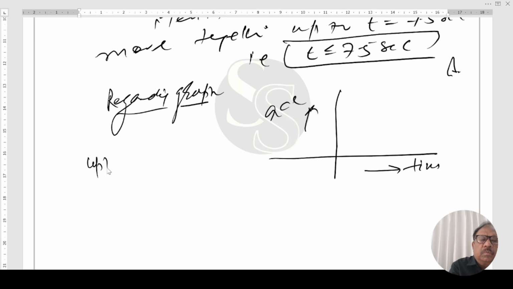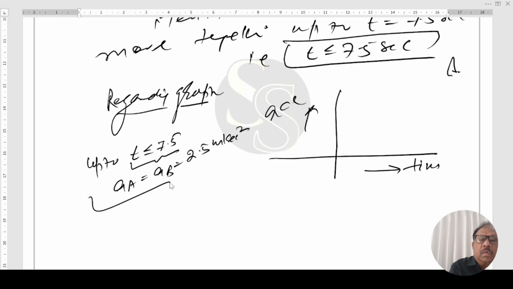Up to t less than or equal to 7.5 second, a_A equal to a_B equal to 2.5 meter per second square, till F_L, means till the friction force reaches the limiting force of friction, that is 10 Newton.